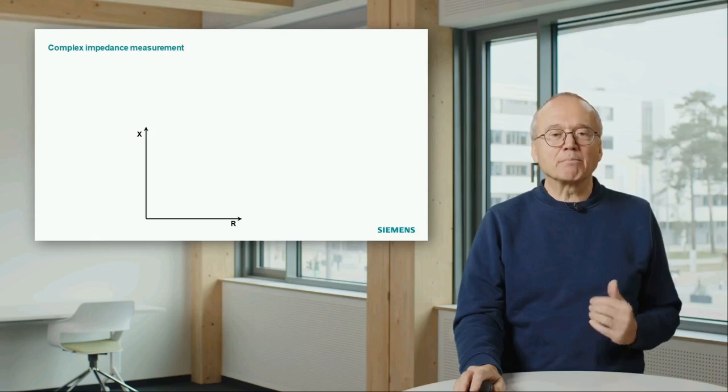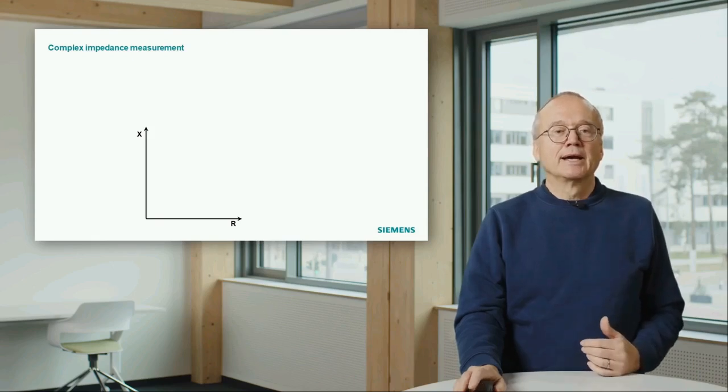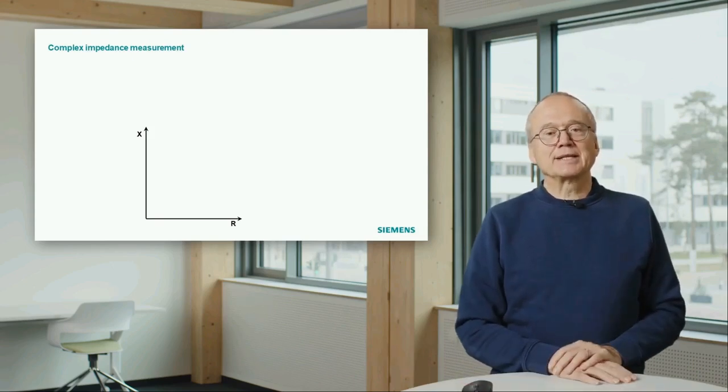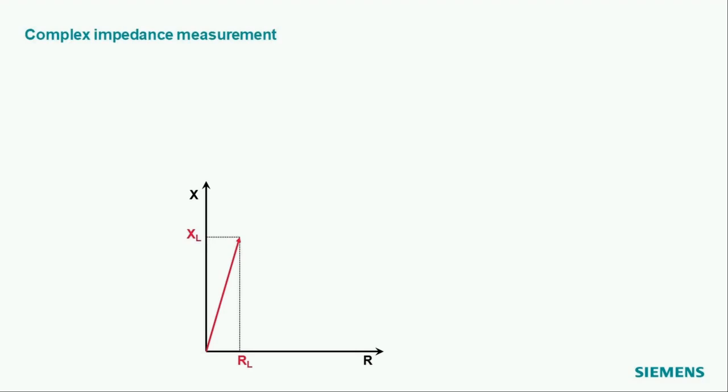That means the impedance of a line can be represented in this form as this red arrow, just indicating that it has the line resistance RL and the line reactance XL, and this direction where the arrow is on is the so-called line characteristic.